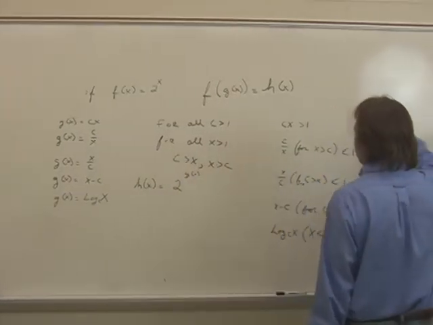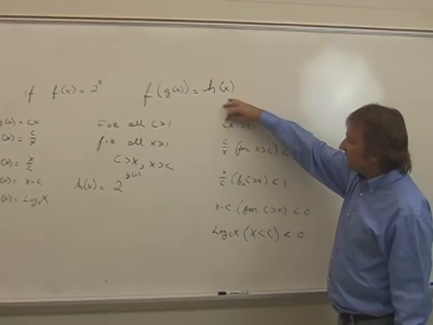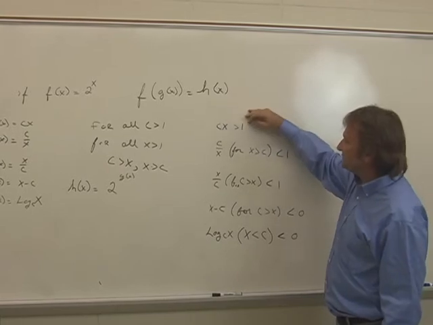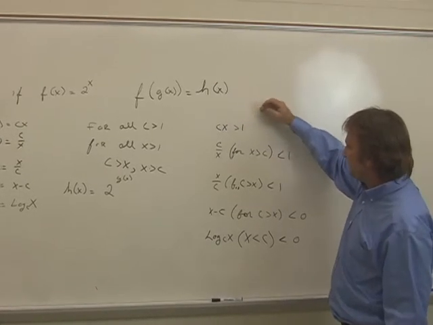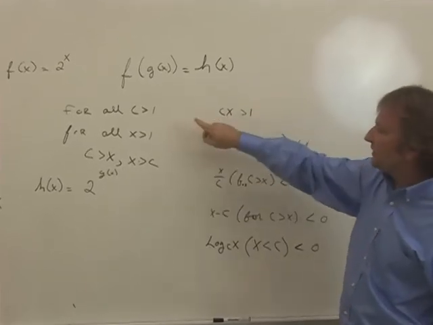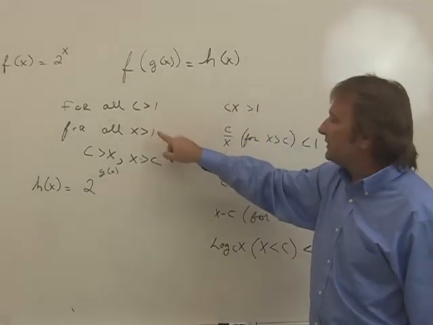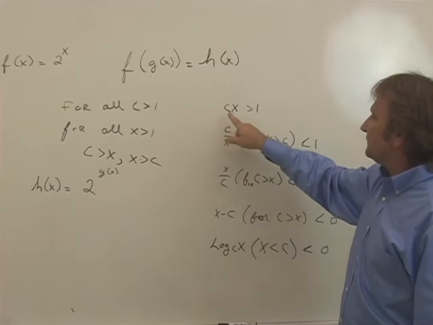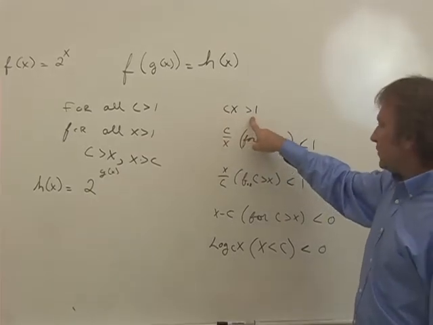Well, in the first case, c times x is greater than 1, we know, because c is greater than 1, x is greater than 1, so c times x must be greater than 1.